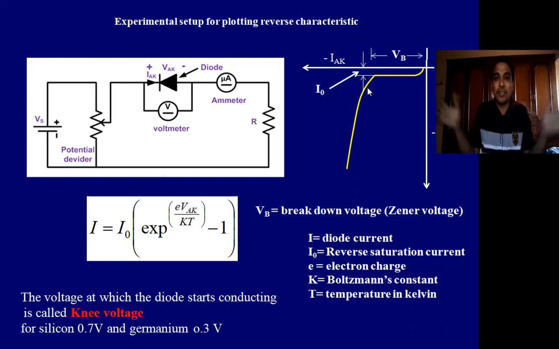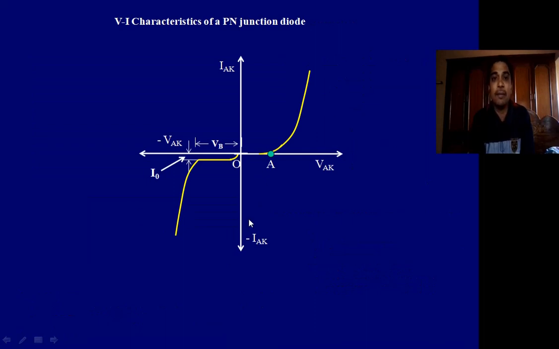All charge carriers rush into the diode. They will flow a very high amount of current depending upon your applied voltage. This is the breakdown of the diode. This is the reverse bias.